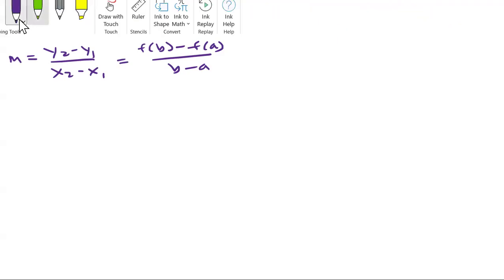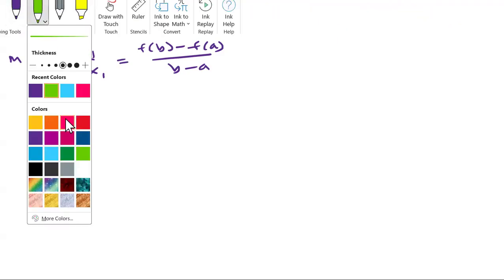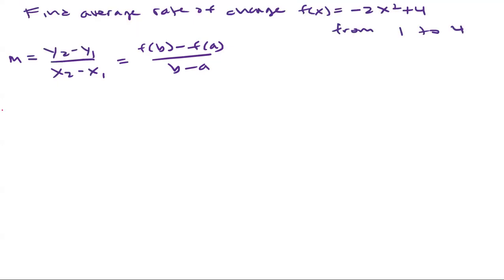So I'm going to start labeling these. So this will be my a and this will be my b. So when I plug this in, we're going to have f of 4 minus f of 1 over 4 minus 1. So again, a to b, that's 1 to 4, and then I plug that information in.